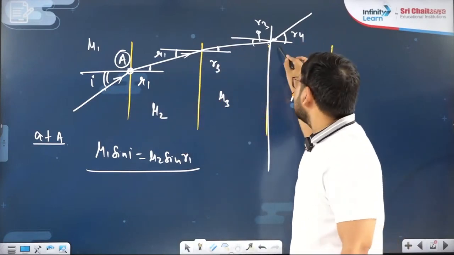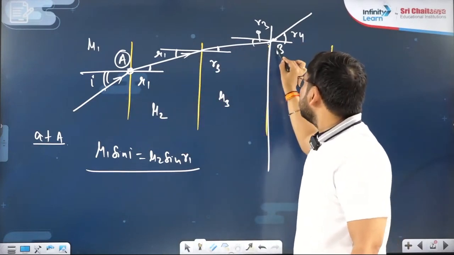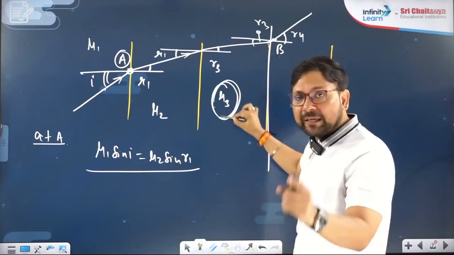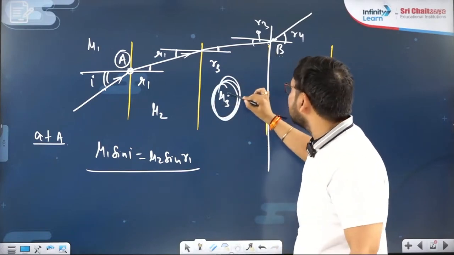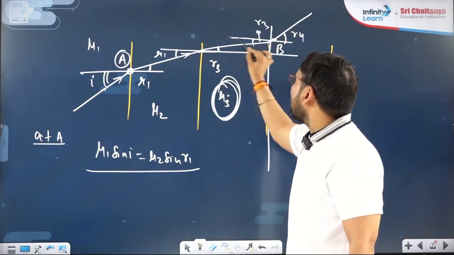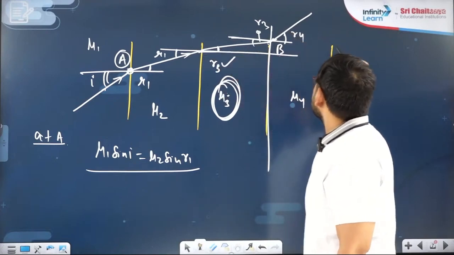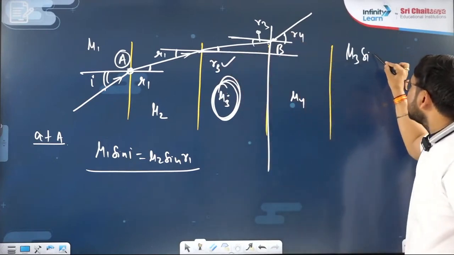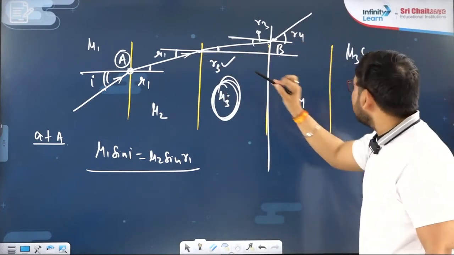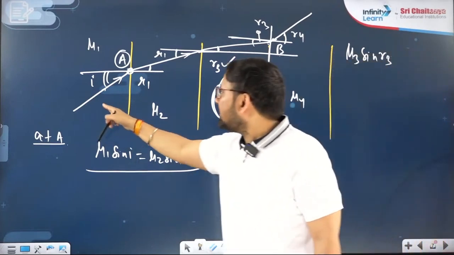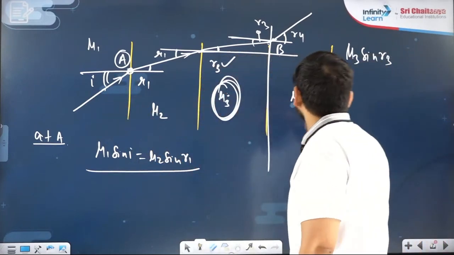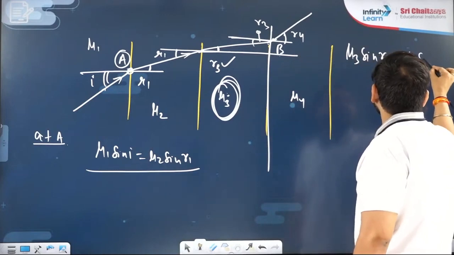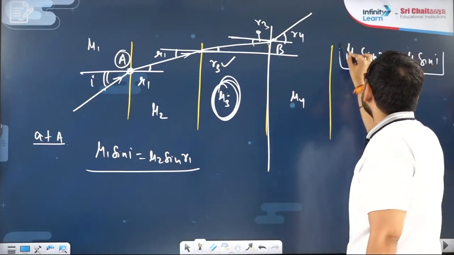So if I am writing here at B, in medium mu3, what is the angle with the normal? R3. So mu3 sin R3. And in medium mu1, what is the angle with the normal? i. So that is mu1 sin i. They will have the same value.